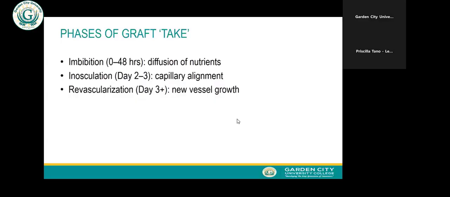So take. I'm sure we've also heard that, oh, the graft has taken. So when you say take, the skin that has been taken from the donor site has been able to reattach and revascularize to the skin of the recipient's bed.